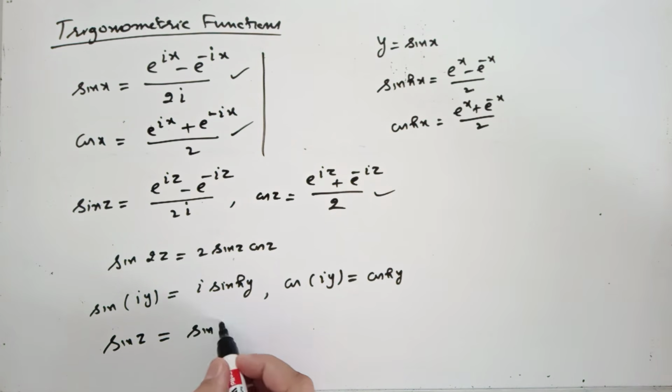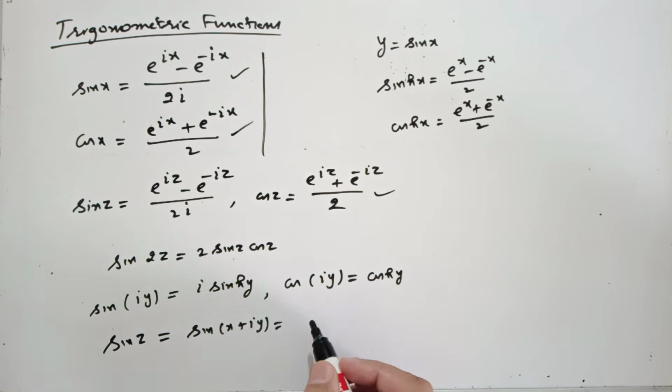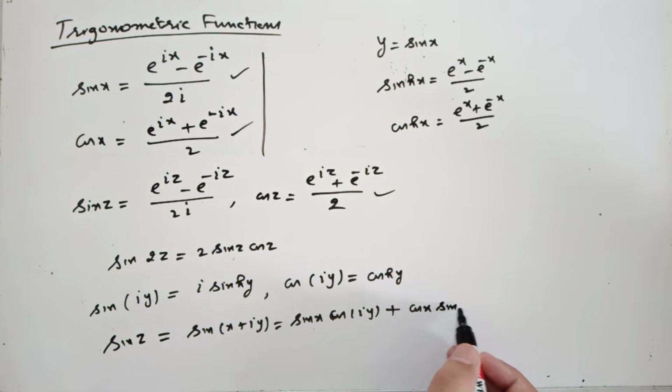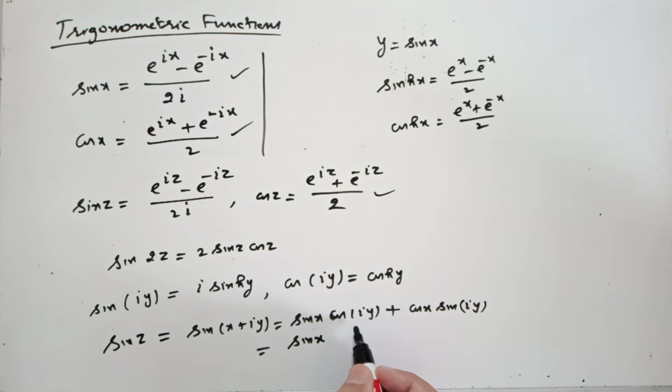I can write it as sin of x plus iota y, then I can follow the property sin of a plus b, that is sin x cos iota y plus cos x sin iota y. But what is cos iota y?